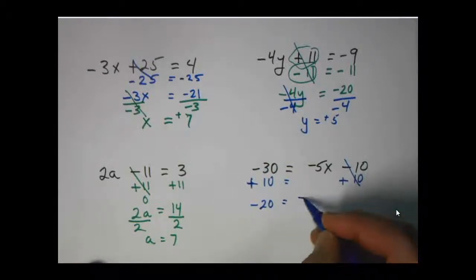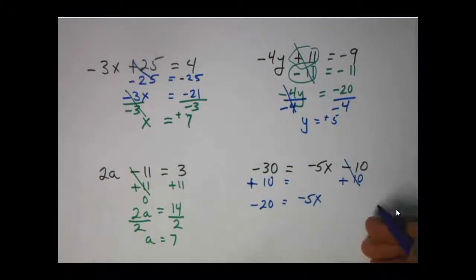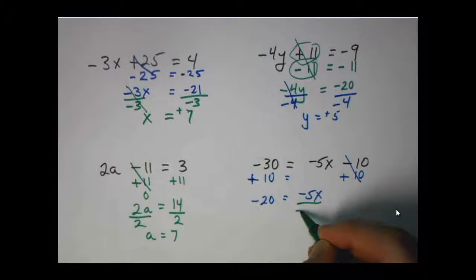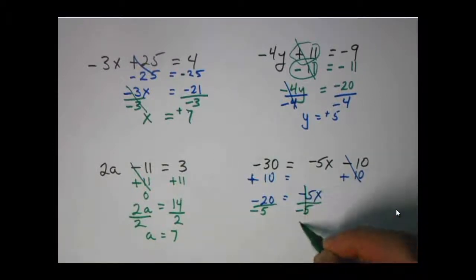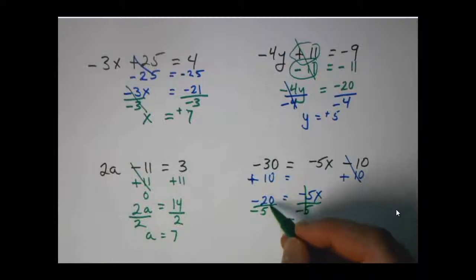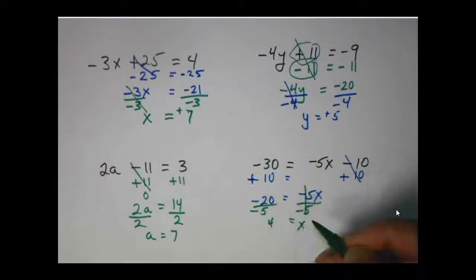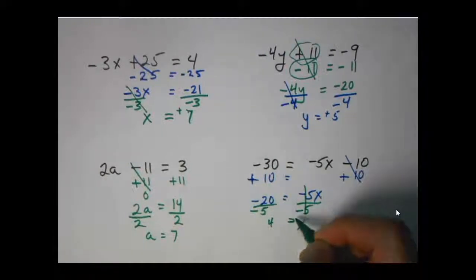Didn't do anything with this, drop it down. Now we're going to divide by the number in front of the variable, correct? It's going to divide by minus 5. Cancel, cancel. X equals 5s in 20 is 4. 2 minuses is a plus.